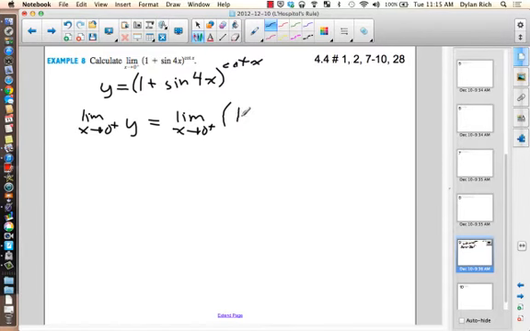Limit of 1 plus... okay, so you suggested taking the natural log of both sides. I would agree with that. Where do you put it in the limit?